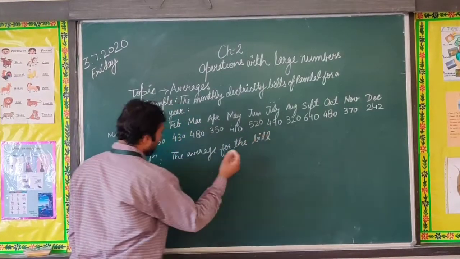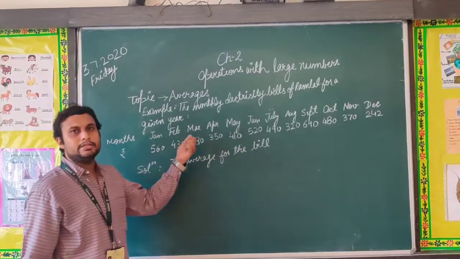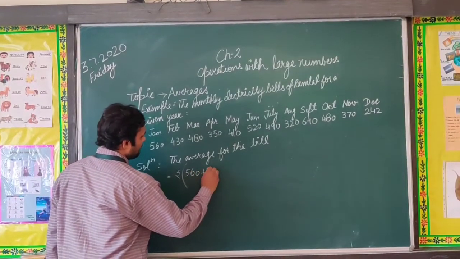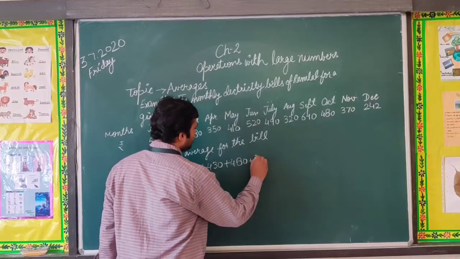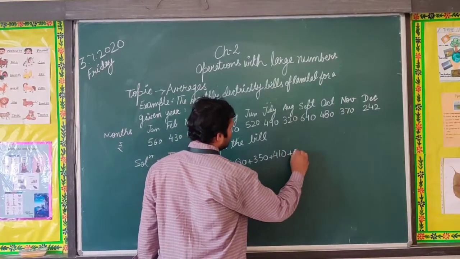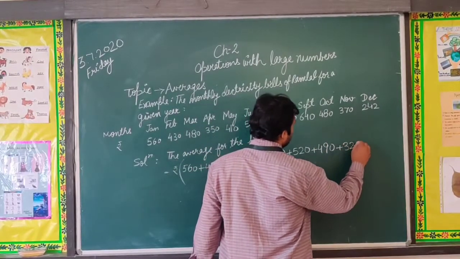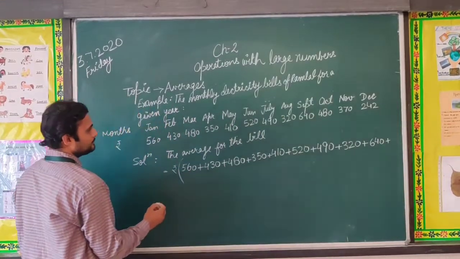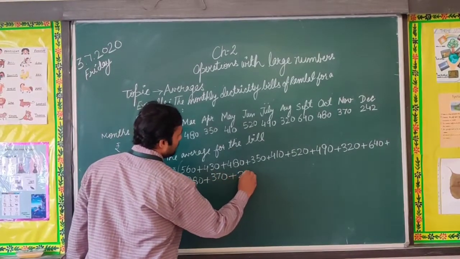We add all these numbers, the bills coming each and every month, in rupees: 560 plus 430 plus 480 plus 350 plus 410 plus 520 plus 490 plus 320 plus 640 plus 380 plus 370 plus 242.